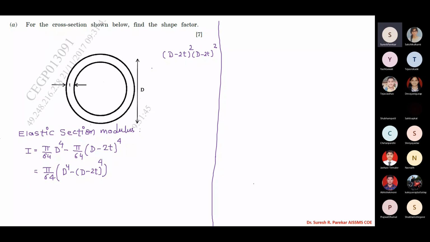And from this we will get d square minus 4dt plus 4t square, and the square of this.